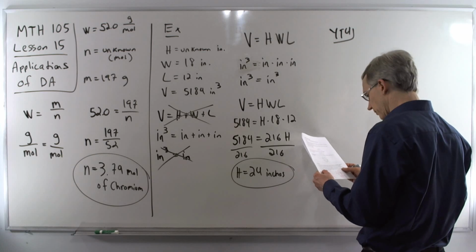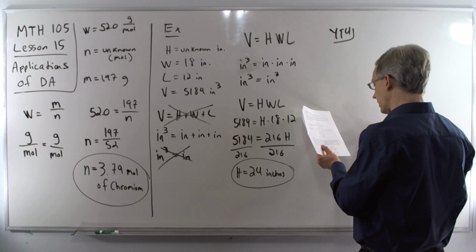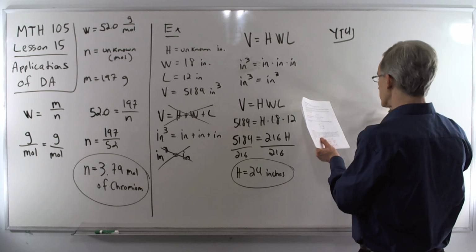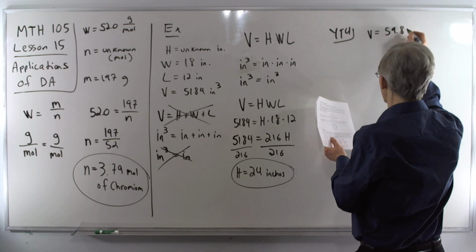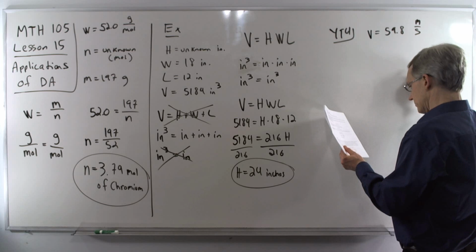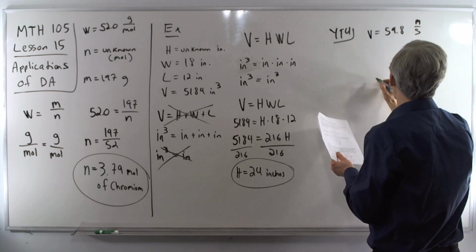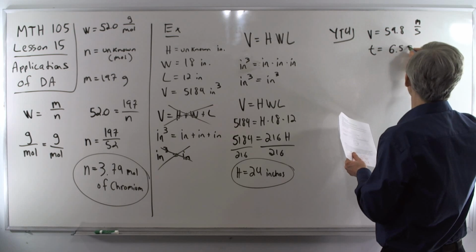You've got a vehicle starting from rest that accelerates to a velocity v of 59.8 meters per second. So v is 59.8, the units are meters per second. And time is 6.5 seconds.